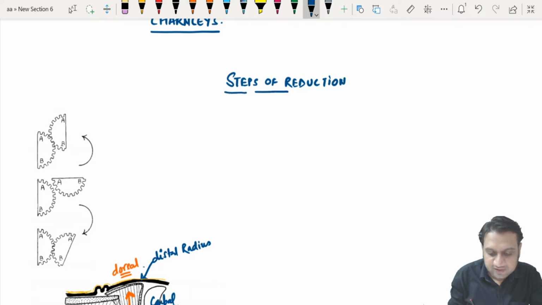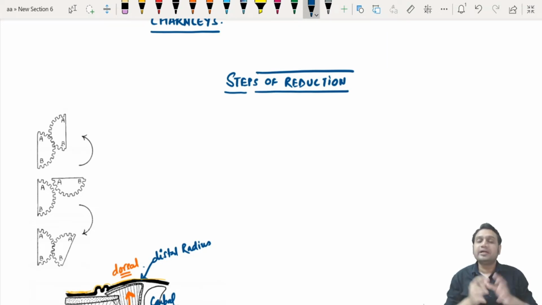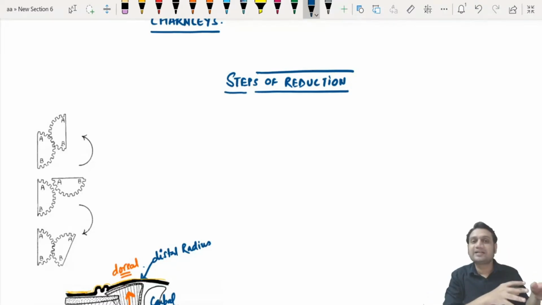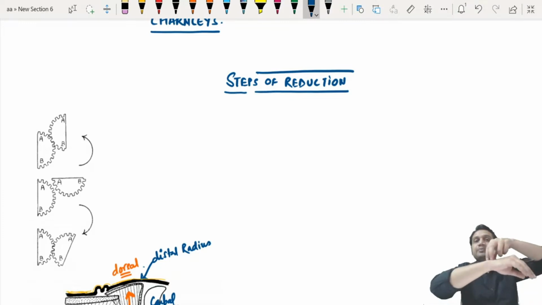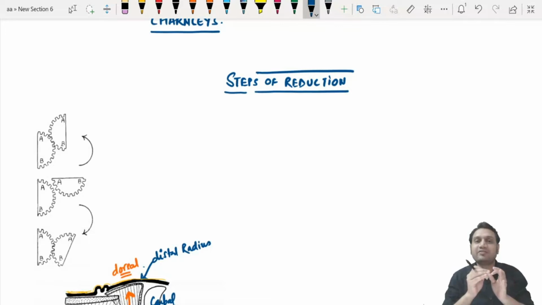If your professor asks you, tell me the steps of reduction of Colles, first you have to explain to him, sir, in Colles fracture there is a dorsal displacement and other displacements as well. There is a dorsal displacement of the distal fragment, so the fragment comes over here. Also the soft tissue support from the palmar side is lost. So whatever support we have is on the dorsal side. So the principle of reduction will be to use the dorsal soft tissue coverage.